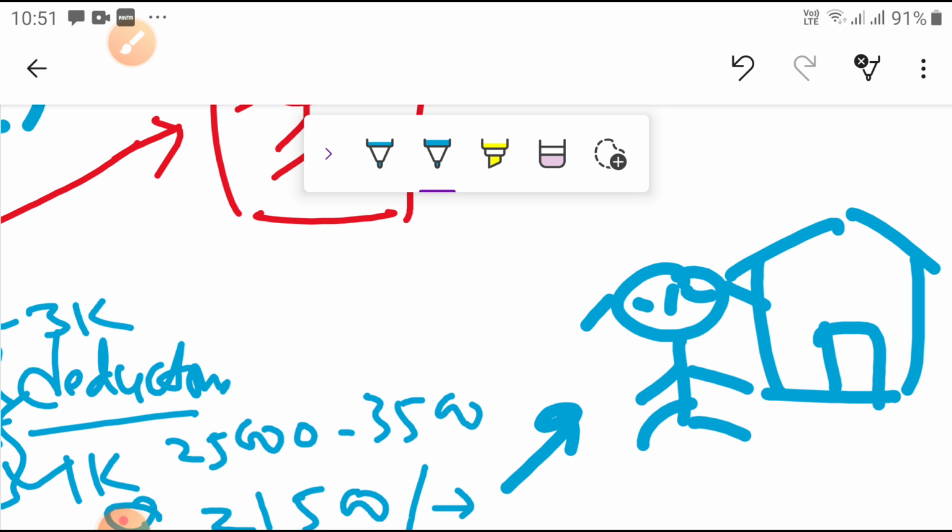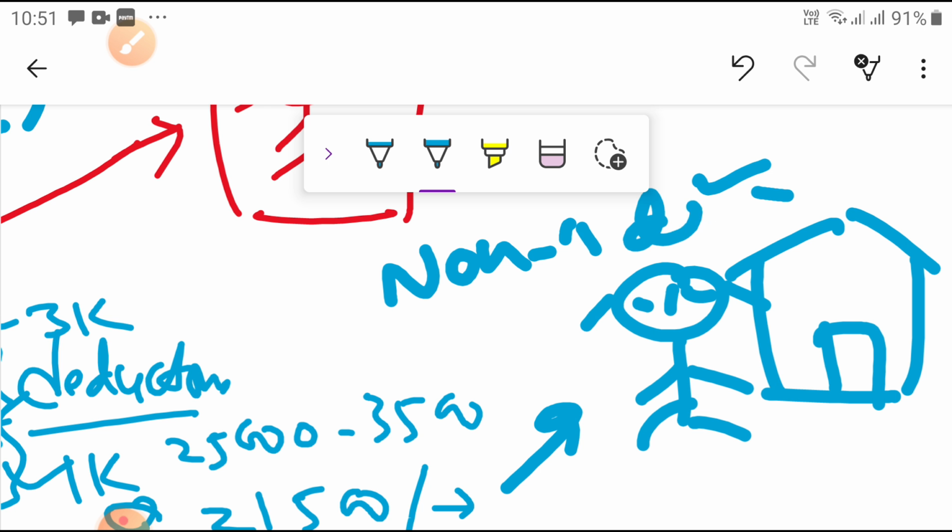The remaining 3,500 is a compulsory deduction in the office itself. We cannot avoid those. This is a practical situation, so this is known as a non-ideal condition, or we can say the practical condition.